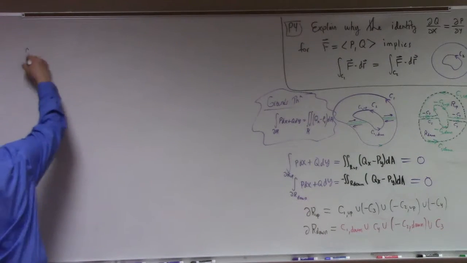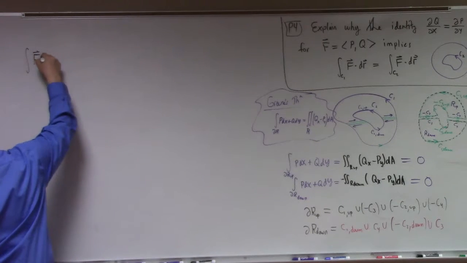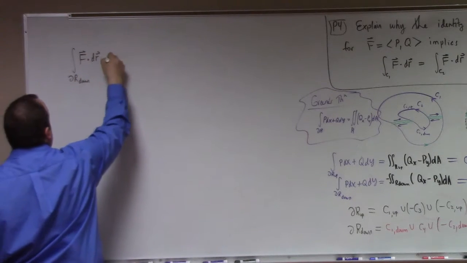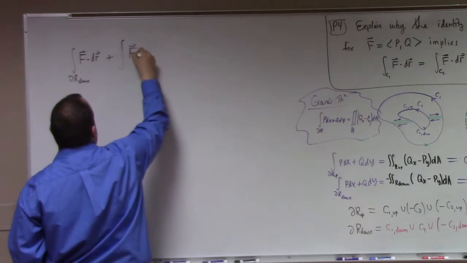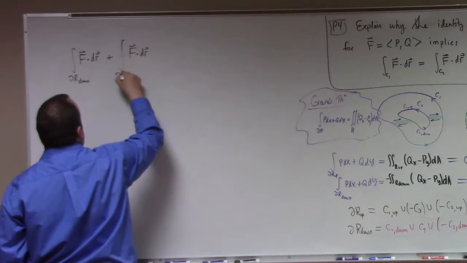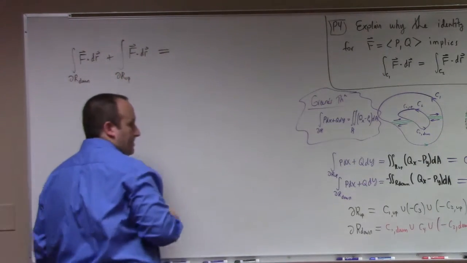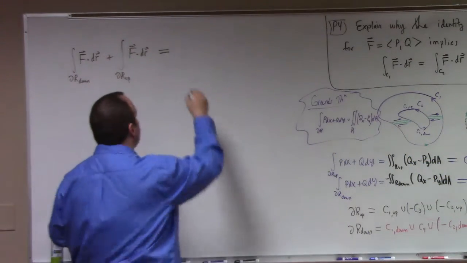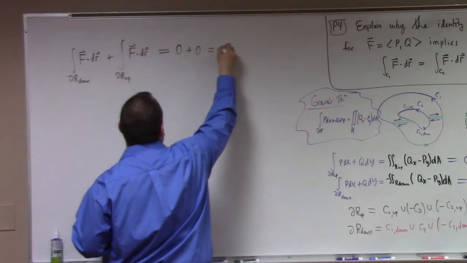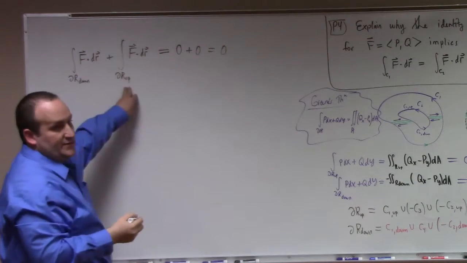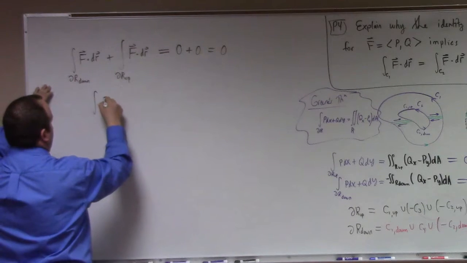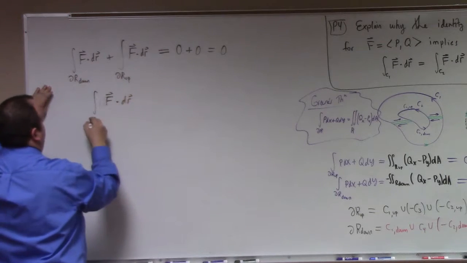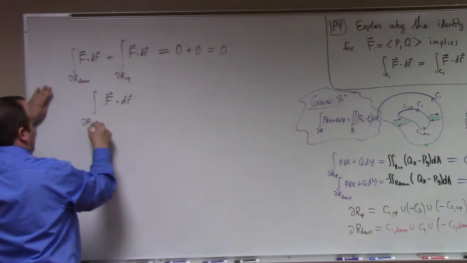I have that the integral of f dot dr over the boundary of the down region plus the integral of f dot dr over the boundary of the up region is equal to what? 0 plus 0, right? Also known as 0. But when I add these two together, I really have what? The integral over, f dot dr of what? The union of these two things, right?